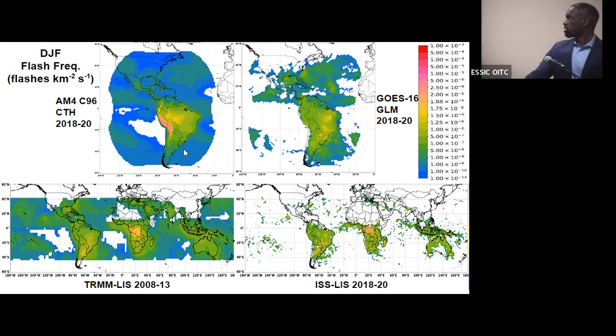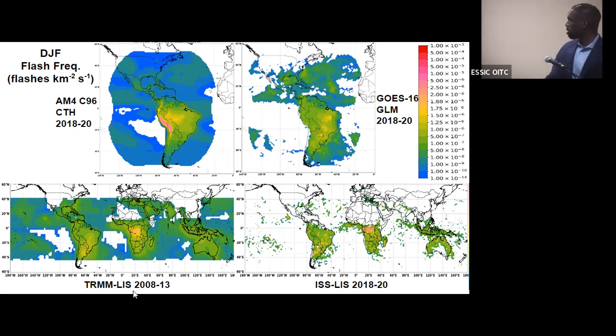The top left is the model for December, January, February from 2018 to 2020. To the right of that is the GOES-16 GLM. Below that is the ISS LIS, and TRMM LIS to the left here for the same season, but for 2008 to 2013.